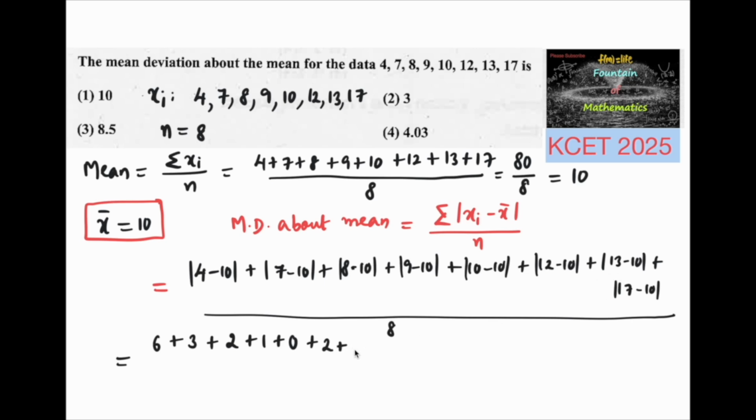And 13 minus 10 is 3. And 17 minus 10 is 7. Divided by 8. This is 1 upon 8 times. And here I can say the sum is 24. So 24 upon 8 is 3. So we can say that the mean deviation about the mean of the given data is 3, which is our option 2.